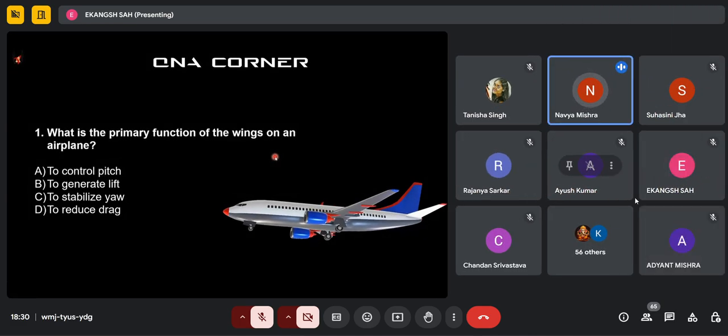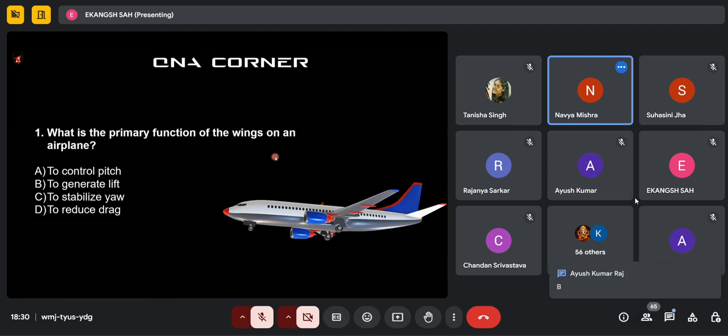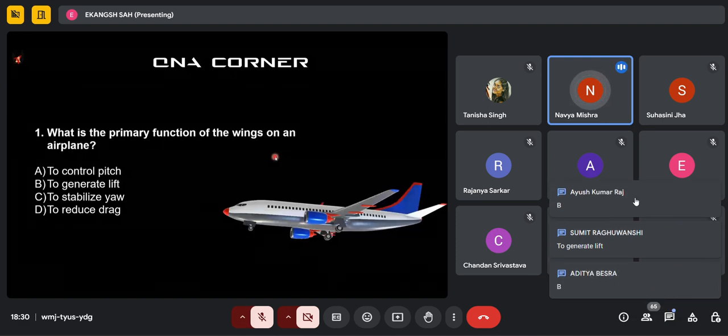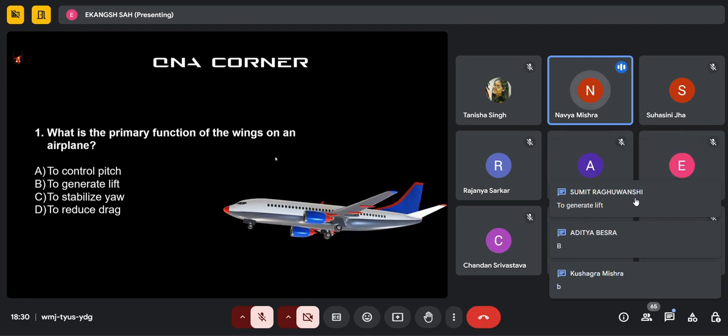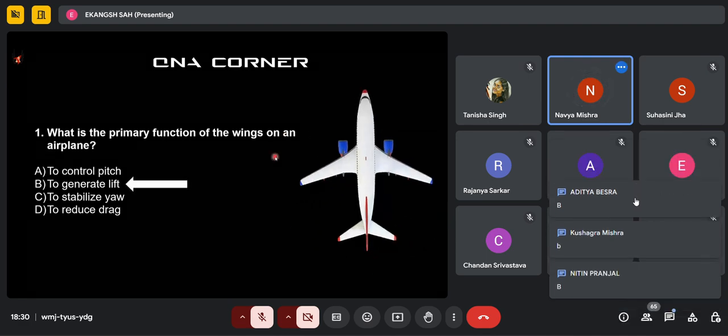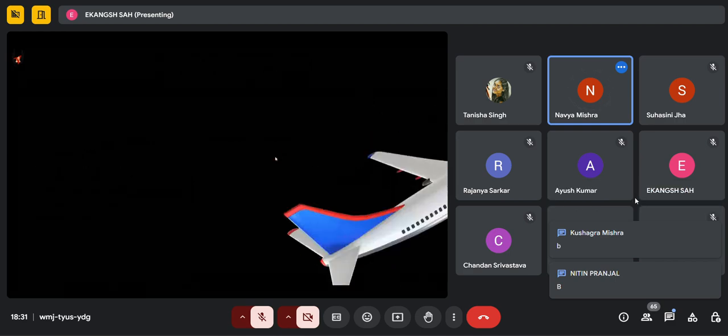I'm unable to see any response. Yeah, it's correct. The correct answer is B. Its primary function is to generate lift.